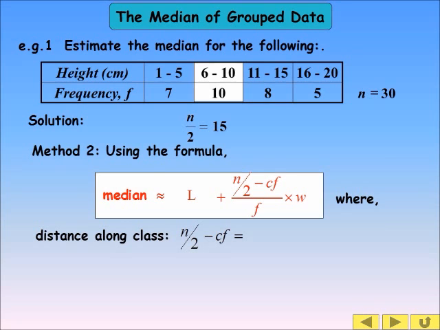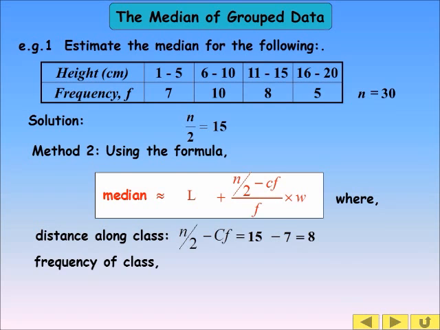Then n divided by 2 equals 15, and n divided by 2 minus CF is 15 minus 7, which equals 8. The frequency of the class is 10.